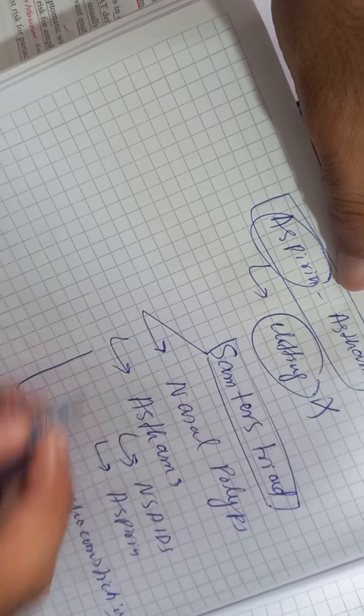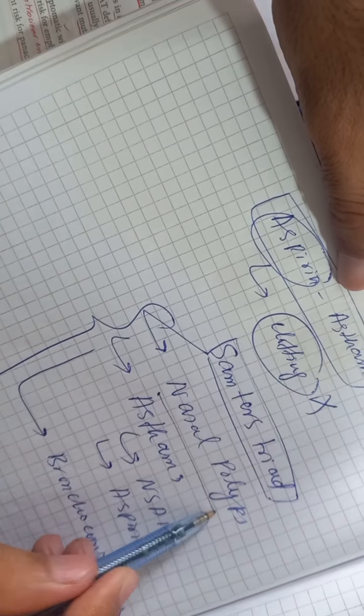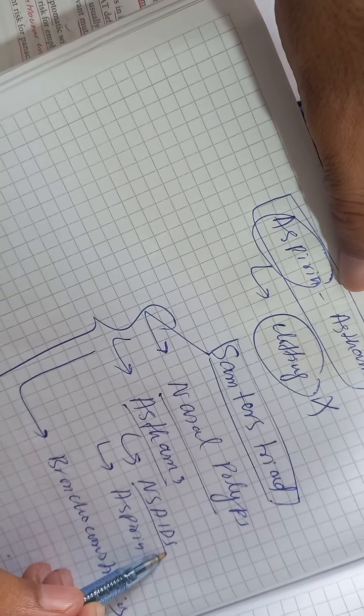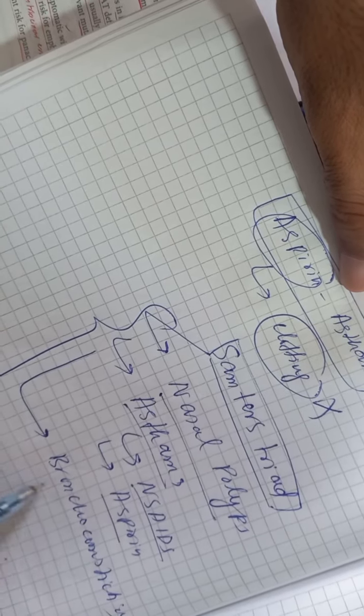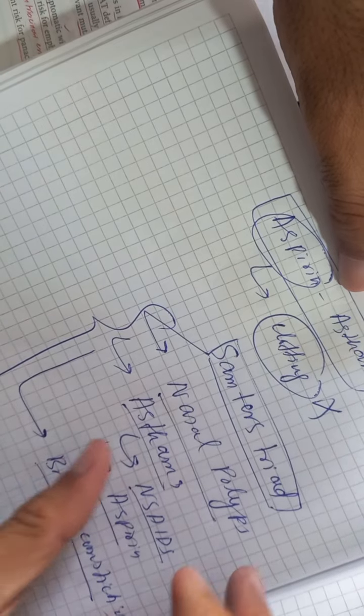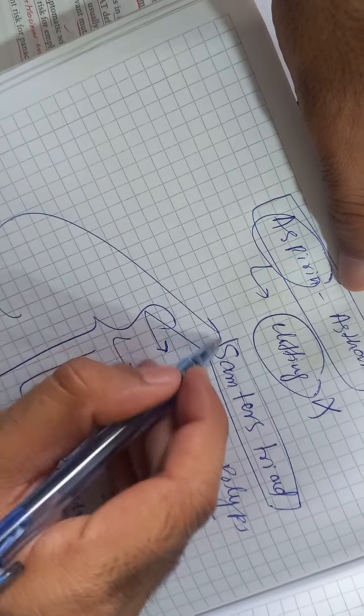If someone is having these three things together, nasal polyps, asthma after non-steroidal anti-inflammatory drugs or aspirin, and bronchoconstriction, if someone presents with these three symptoms together, that is Samter's triad.